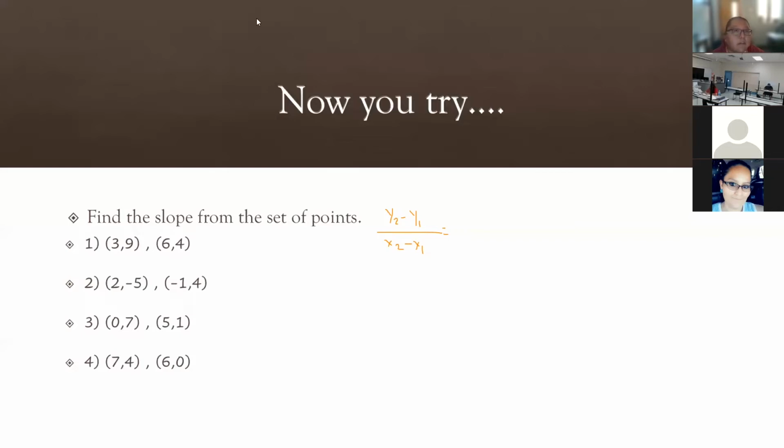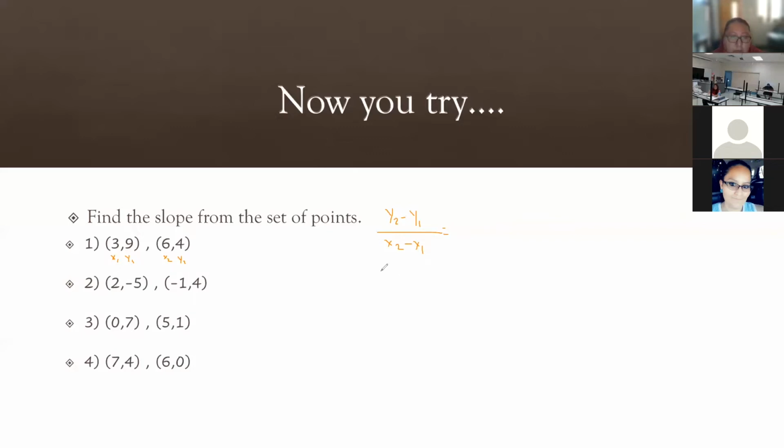Okay. So for this first point, we have our x1, then our y1 right here. Then we have our x2, then our y2 right here. And we're going to use this formula that I wrote in orange. And if you want, you can actually color code your x and y, which I am going to do.